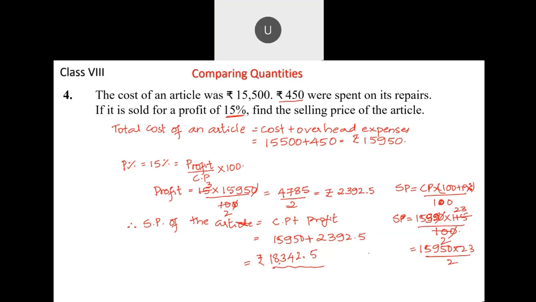Try multiplying that. 23 times 15950 is what? 3,66,850.